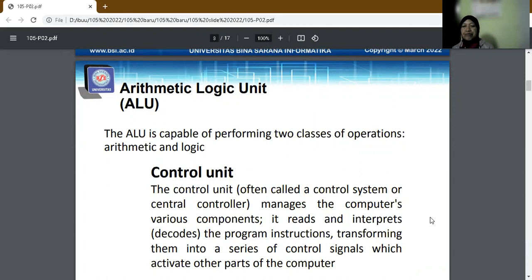The function of the control unit is to control how the computer reads and interprets the program instructions.